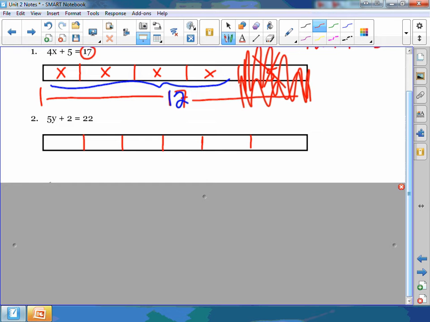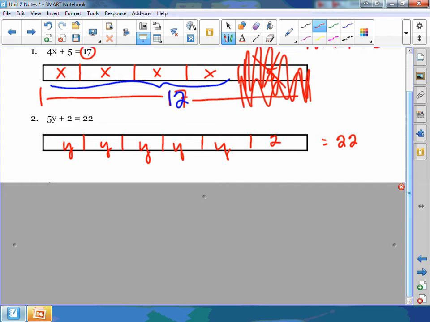Now, what goes in each part there, Lauren? So I have 5 y's plus a 2, and the whole thing is 22, right? I saw some people just putting equals 22. That's fine with me. If you want to put it beneath it, that works too.